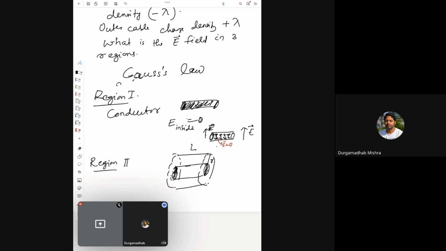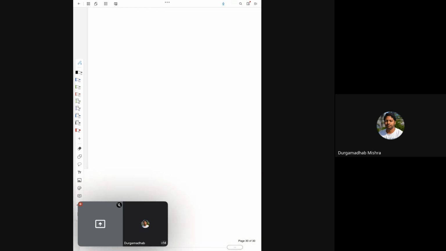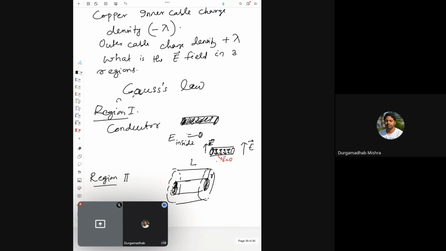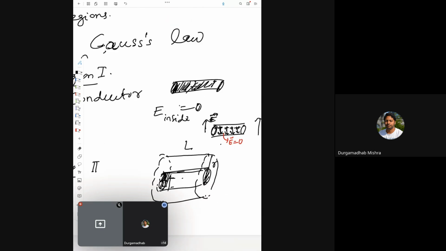It is an imaginary surface that we are drawing, and we have to apply Gauss's law. Gauss's law tells us the integral of E dot dS over the surface will be equal to Q enclosed by epsilon naught. Now, what is the total charge that is within this cylinder?